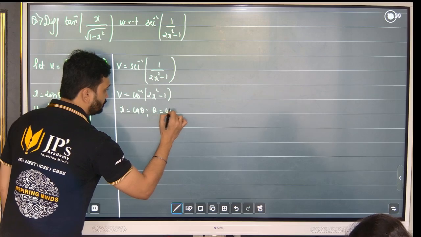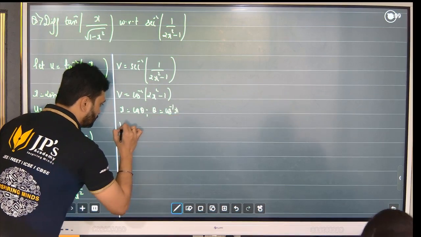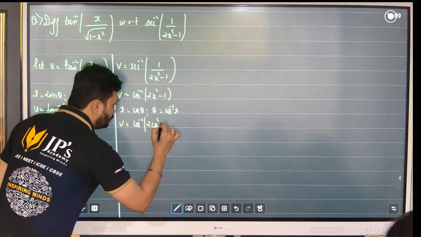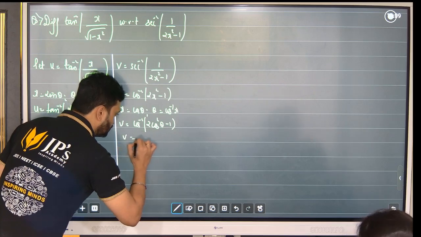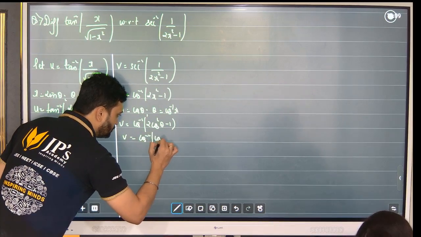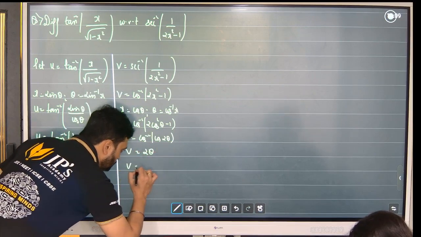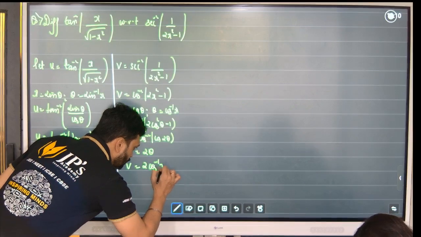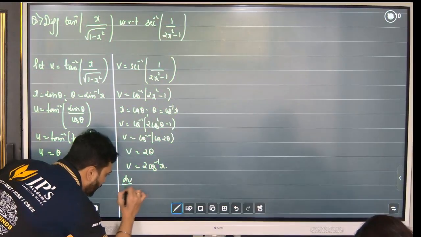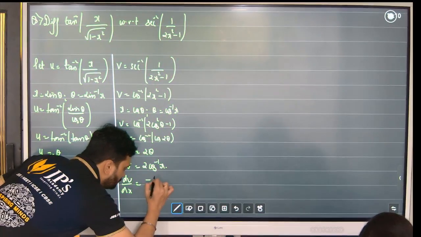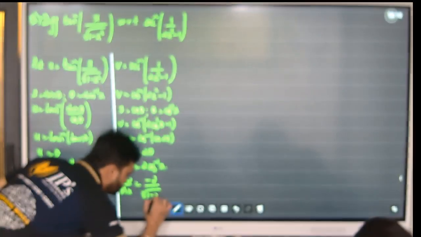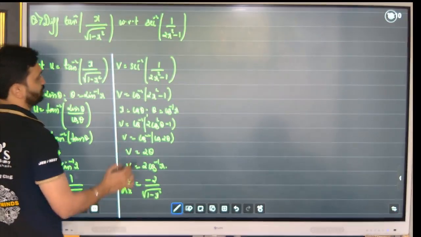Theta is equal to cos inverse x. v is equal to cos inverse of 2 cos square theta minus 1. v is equal to cos inverse of cos 2 theta, which is equal to 2 theta. So v is equal to 2 cos inverse x, and dv by dx is equal to minus 2 upon under root of 1 minus x square.